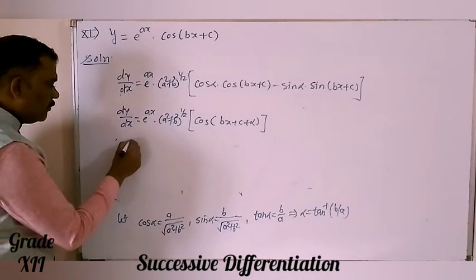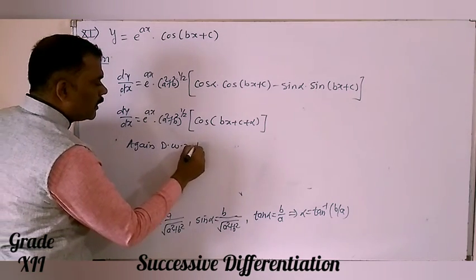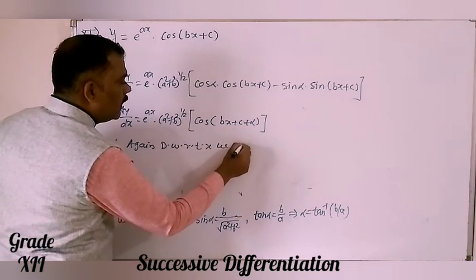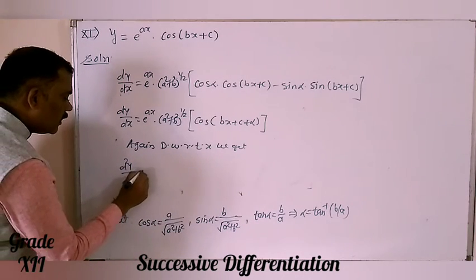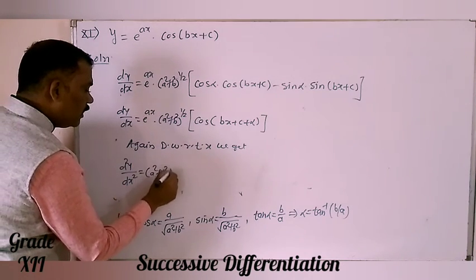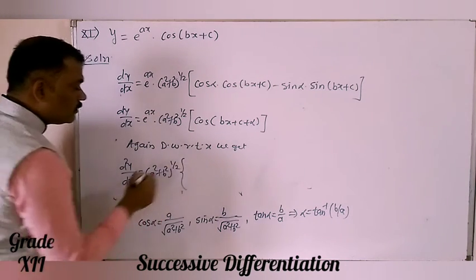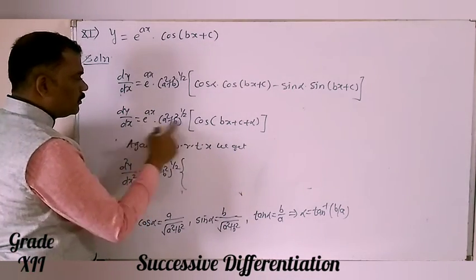Okay, again we have to differentiate with respect to x. Again differentiating with respect to x, we get d2y by dx square is equal to, here (a square plus b square) raised to 1 half is a constant, so we have to use the product rule for the other two.